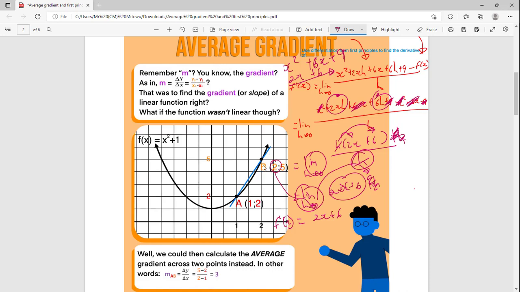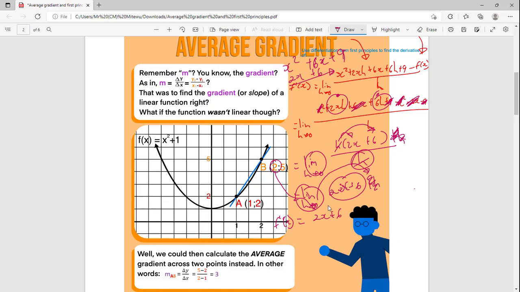Because the tangent could have been calculated from anywhere. I'm asking you for the tangent specifically at point B, so the gradients of the tangents to the curve, in other words, the first derivative, specifically at point B using first principles.